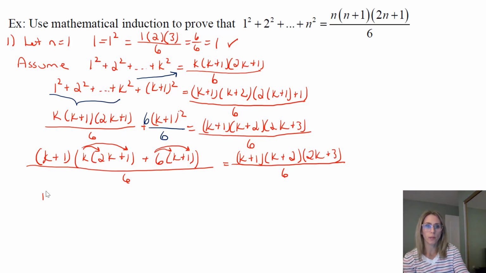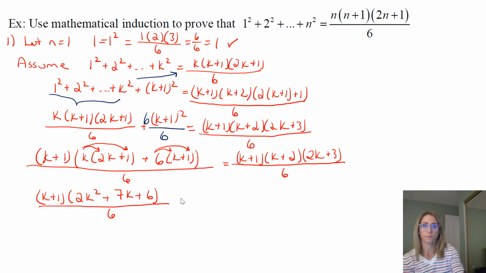So that will leave us with k plus 1, and then you'll notice that we're going to have 2k squared plus k, and then plus 6k. So we have plus 7k, and then just plus 6, all over 6.